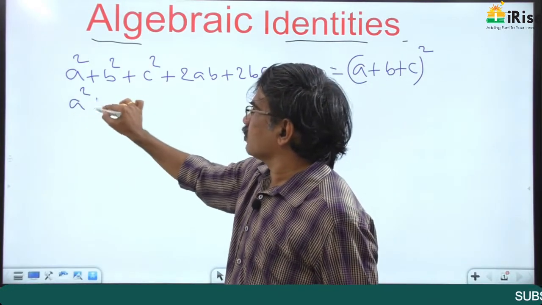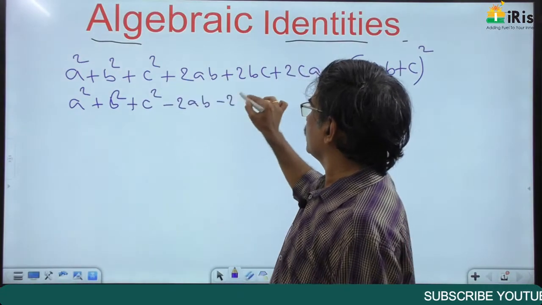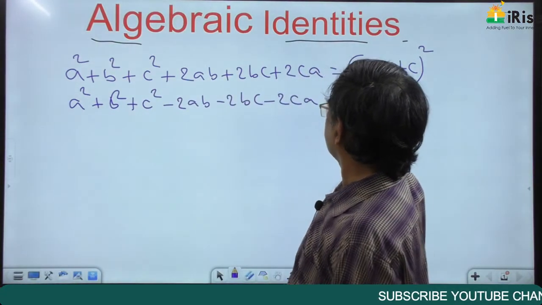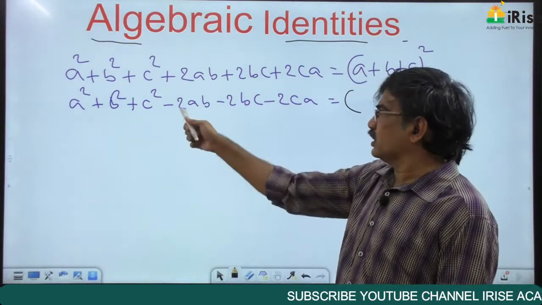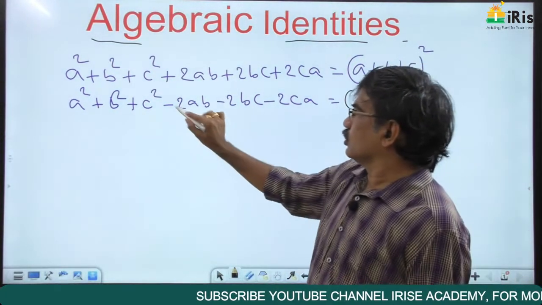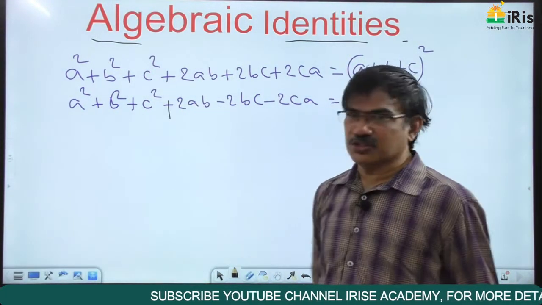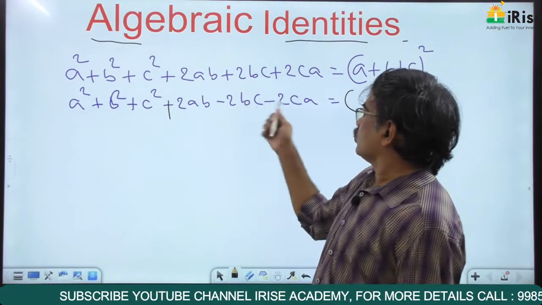Then what is a square plus b square plus c square minus 2ab minus 2bc minus 2ca? Here there is no formula for this because we don't get 3 negatives. So I want to make this positive. Then these two are negative.